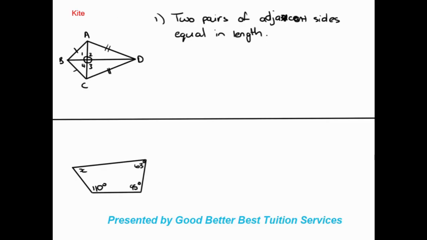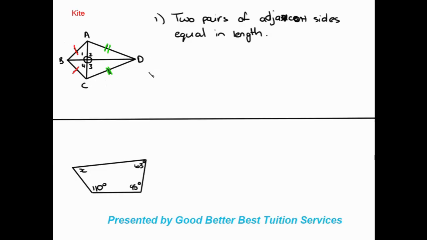Basically what that's telling me is that the two adjacent sides, like this side AB and side BC, are equal to each other in length, okay? So basically kites are symmetrical, okay? And AD is also equal to CD. Okay, so a kite is symmetrical.